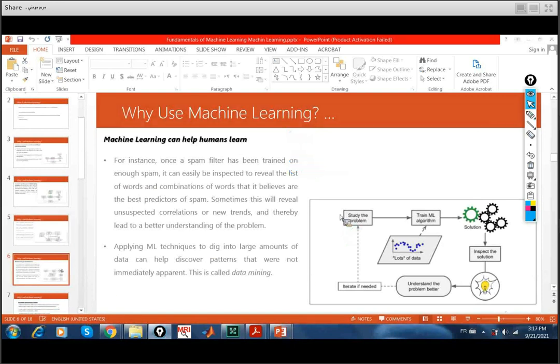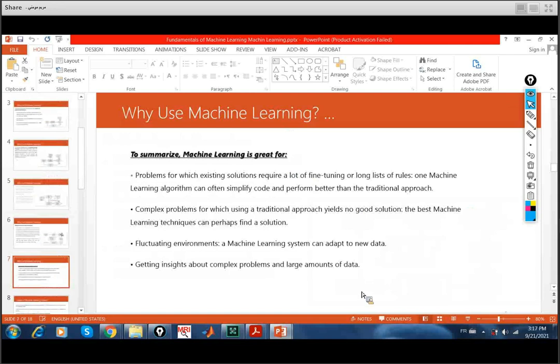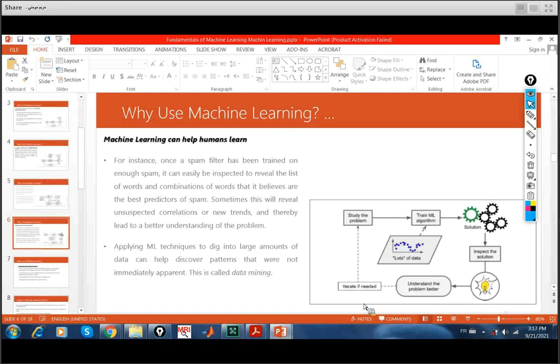If we summarize, this is again about the advantages of machine learning. We are using machine learning, but we also can learn from it.